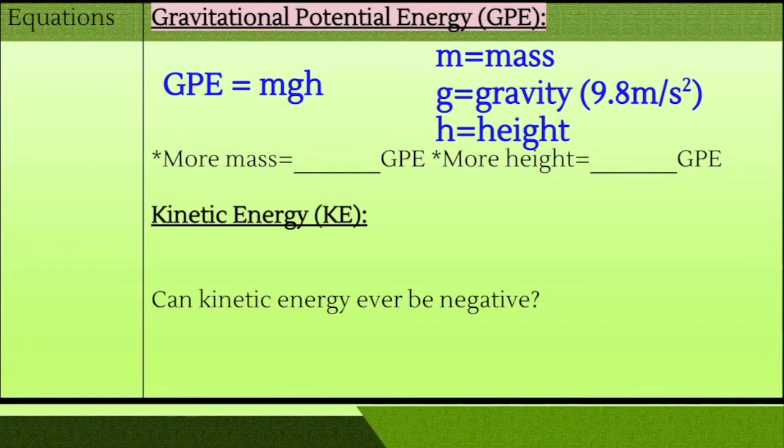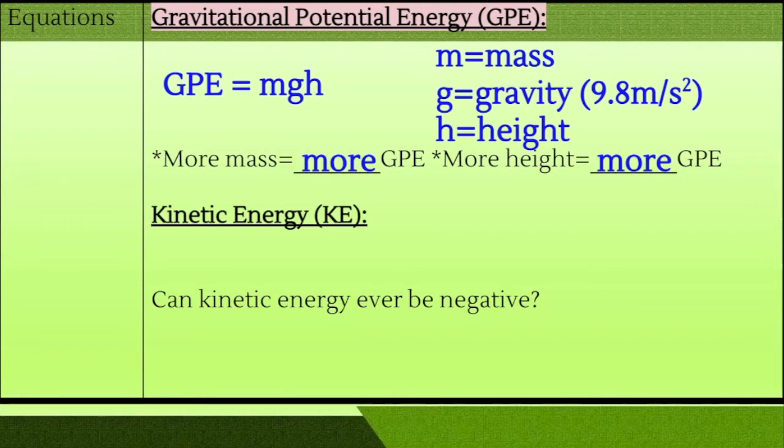So looking at our equation, we can see that as mass increases, the more gravitational potential energy we are going to have. Another thing we can notice is that as height increases, the more gravitational potential energy we will also have.